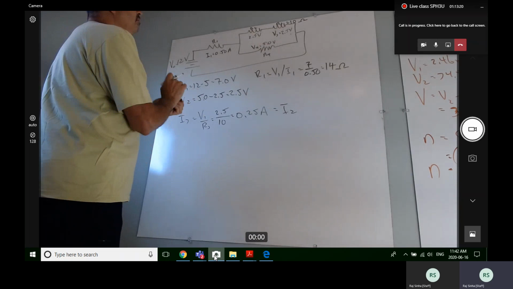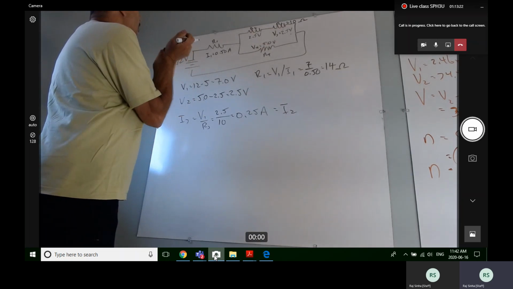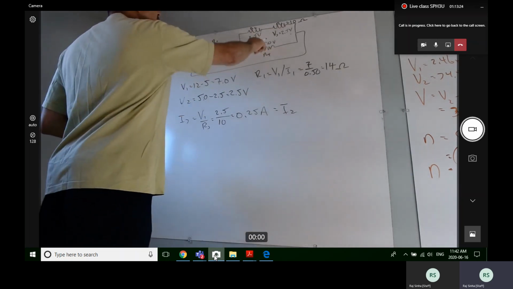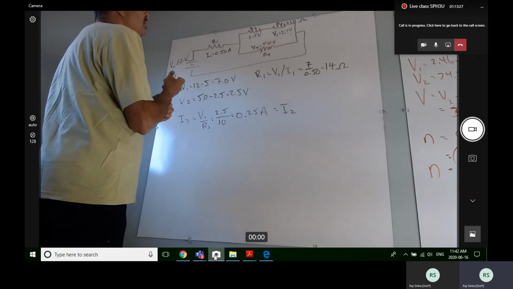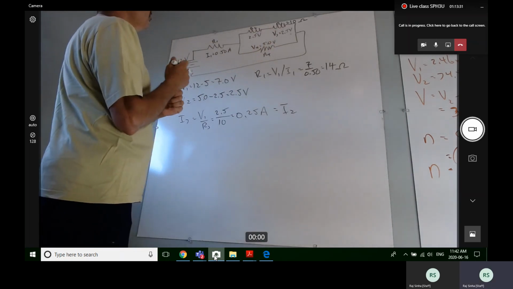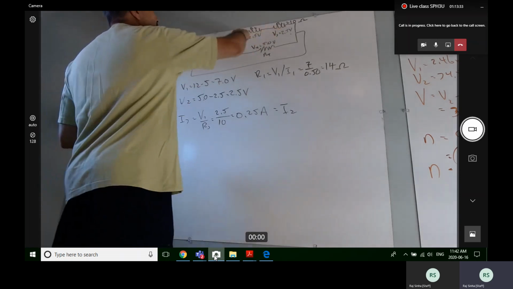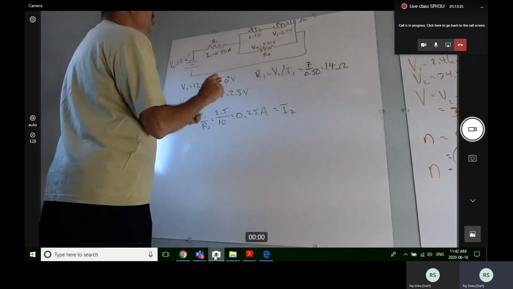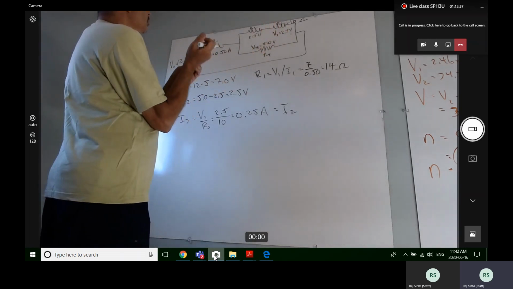And now, if I want to find the current going through my resistor 4, there are several ways to do this. What if I find the total resistance of R2, R3, and R4? But I can't do that.